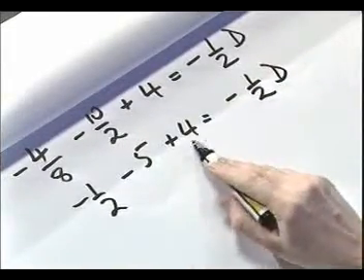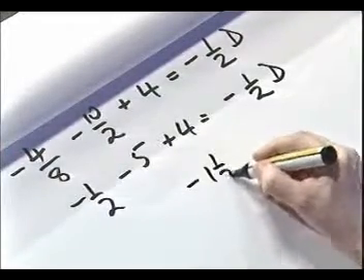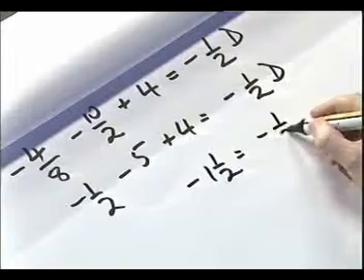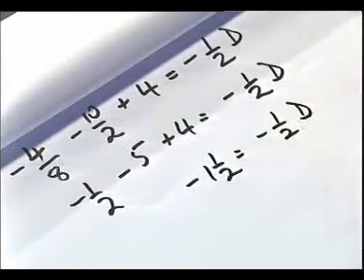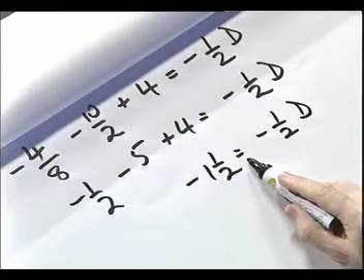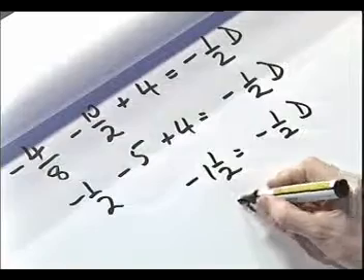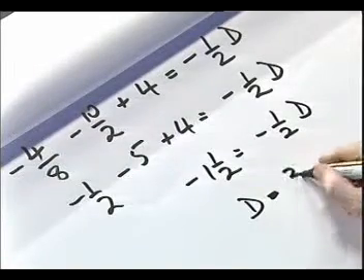Minus 5 plus 4 is minus 1, so I've got minus 1 and a half equals minus a half d. Minus 1 and a half is just 3 times minus a half, so this gives us d equal 3.